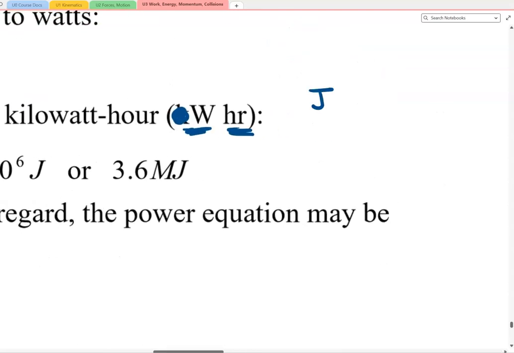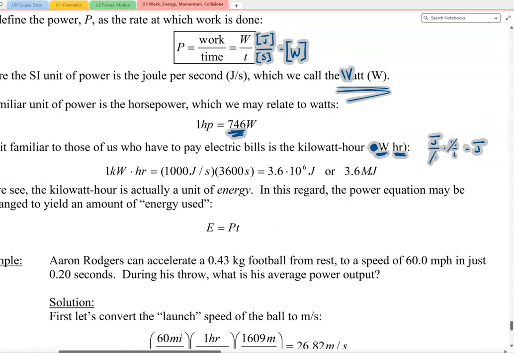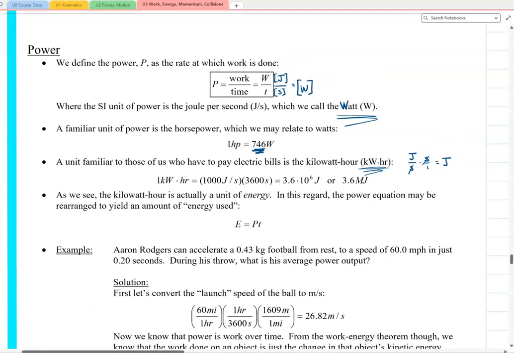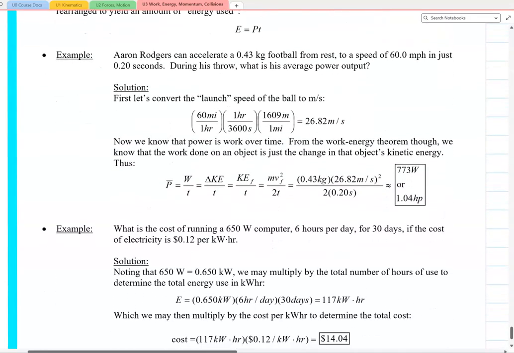Here again, if a watt is a joule per second, and if hours were converted into seconds, then we'd have our units canceling and we'd be back to joules. So even though we are talking about a unit called a watt hour or a kilowatt hour or a watt second, we're not talking about power, we're actually talking about energy. That's kind of an interesting comment here.